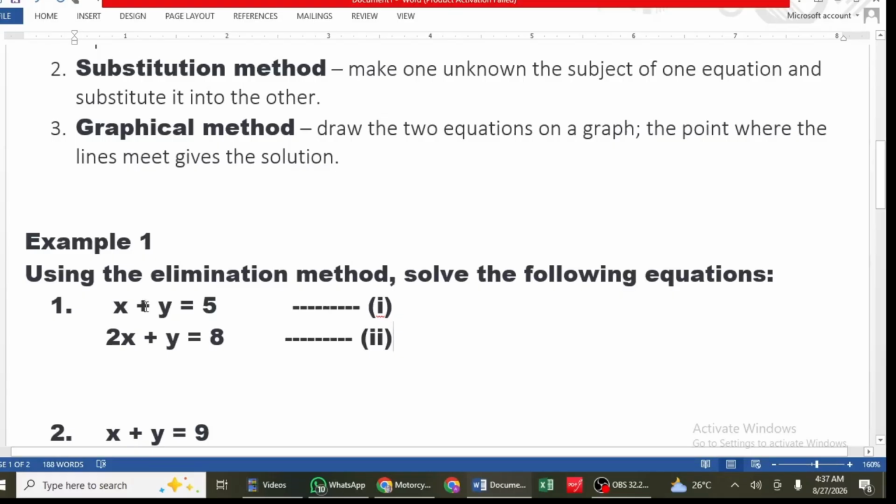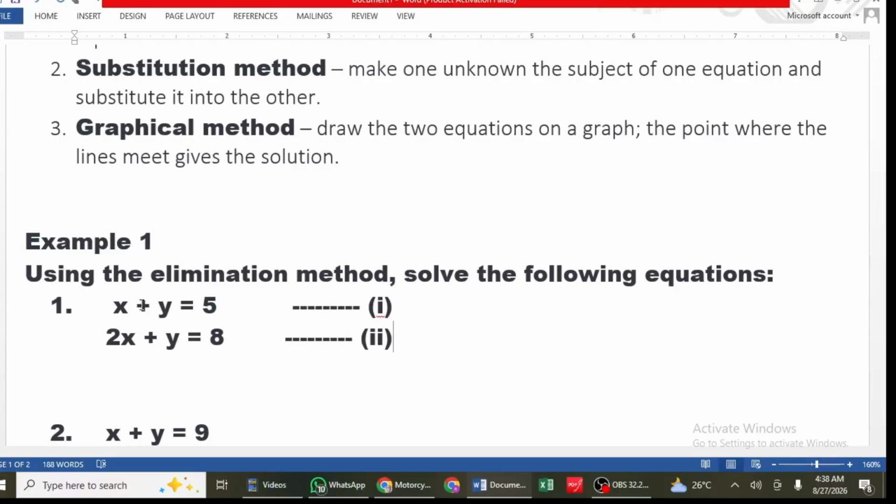But when the two signs in the middle are the same, that is when you have plus plus or minus minus, you are going to subtract the two equations. When the signs are the same, you subtract. When the signs are not the same, you add.